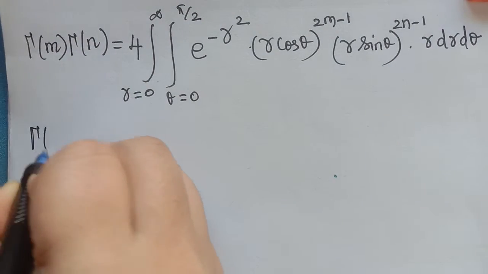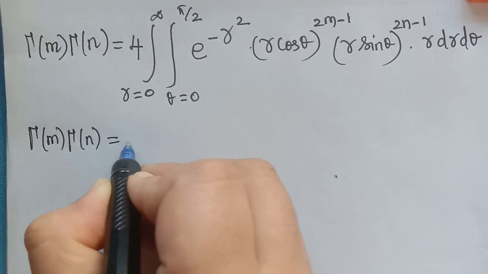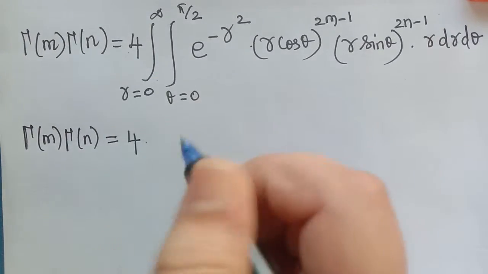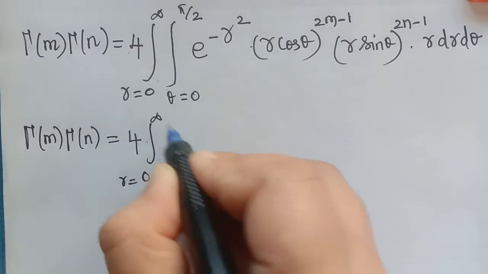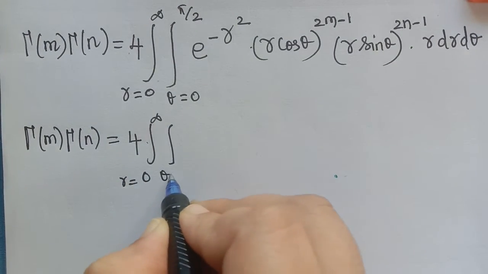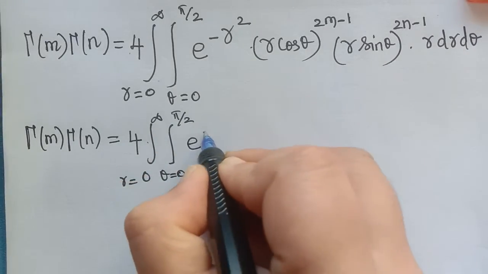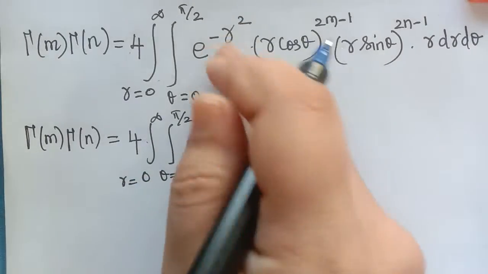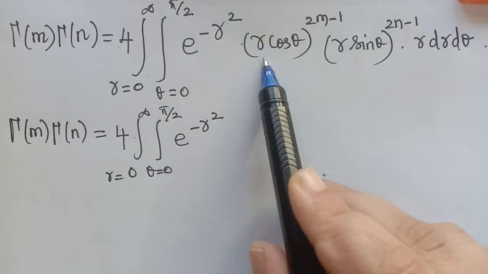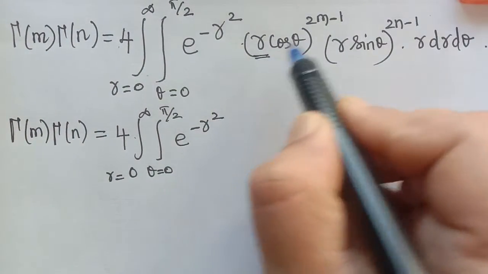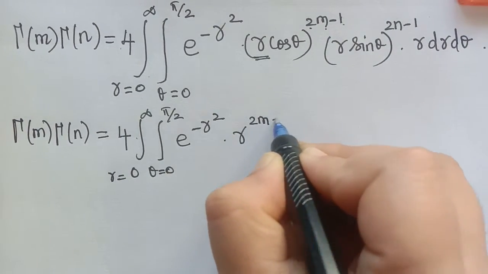So from this we get gamma of m multiplied with gamma of n to be equal to 4. So this constant 4 comes here. So integral r equal to 0 to infinity, integral theta equal to 0 to pi by 2, e to the power minus r square. This remains the same. Now when we multiply this, here we have r to the power 2m minus 1.